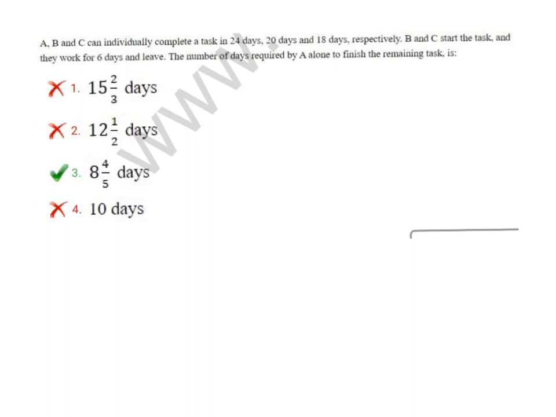Next one: A, B, C can individually complete a task in 24 days, 20 days and 18 days. The LCM of these is 360. So one day work is 15, 18 and 20. B and C start the task and work for 6 days and leave. So B and C together is 38.